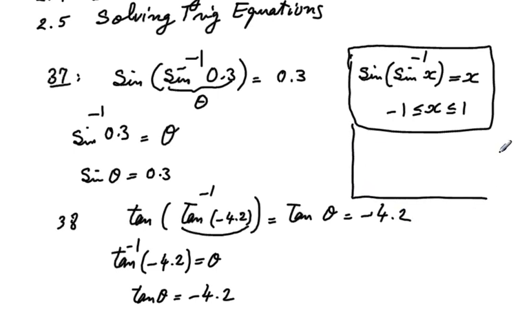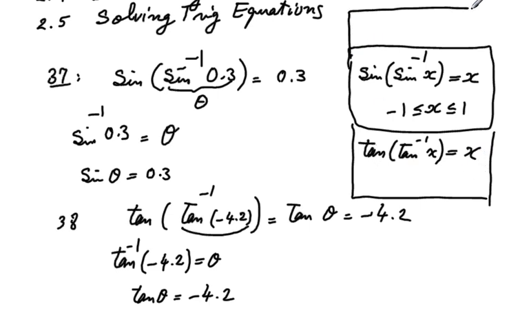So this is the same statement about tangent of tangent inverse of x. That's just x. Similarly, you could expect that cosine of cosine inverse of x is x, still with the same restriction.